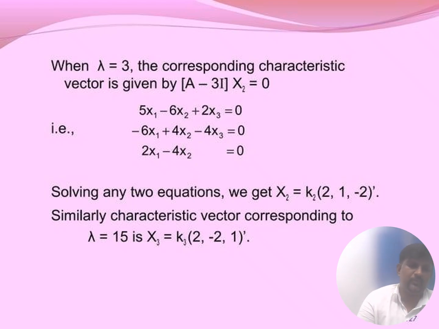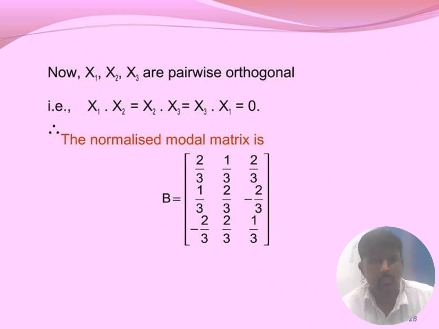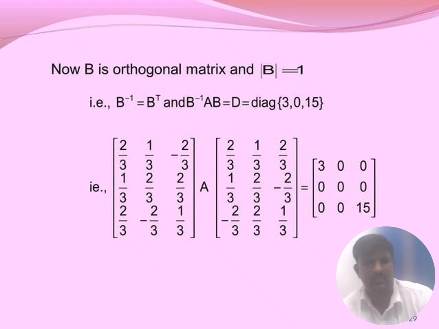For lambda equal to 15, the third eigenvector will be 2, minus 2, 1. Then form the normalized model matrix, that is N. We can find the capital N, that is 2 by 3, 1 by 3, minus 2 by 3; 1 by 3, 2 by 3, 2 by 3; 2 by 3, minus 2 by 3, 1 by 3.